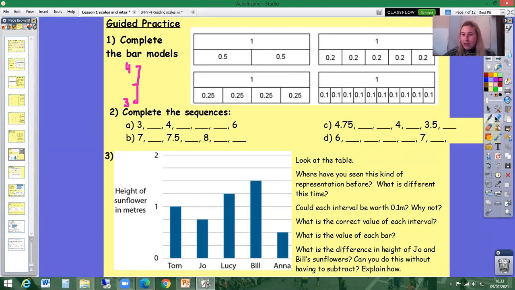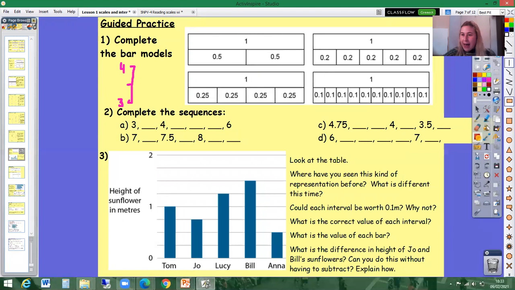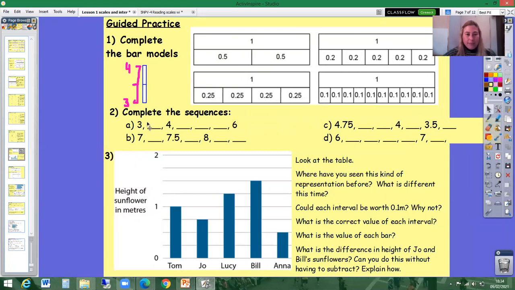But that actually split our line into 2 bars. If I just show you, we had an equal bar there and then an equal part here. Okay, so 2 bars, 2 equal parts. So we've got to think, okay, the whole has been split into 2 equal parts, so it would need to be counting in 5s, wouldn't it? 5 tenths.